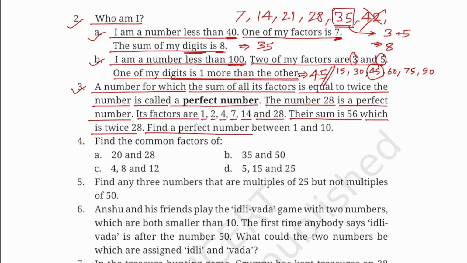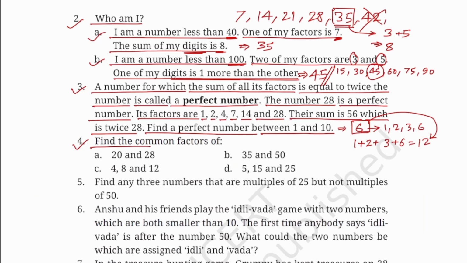Find a perfect number between 1 and 10. The answer is 6. Its factors are 1, 2, 3, and 6 itself. If you add its factors, you will get 12. That is double of 6. So 6 is a perfect number.